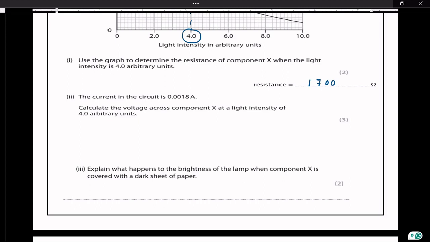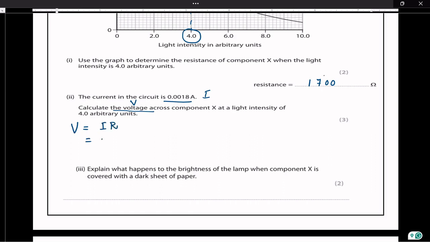To calculate the voltage, we have to know the current and the resistance.